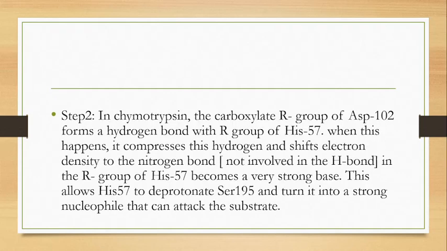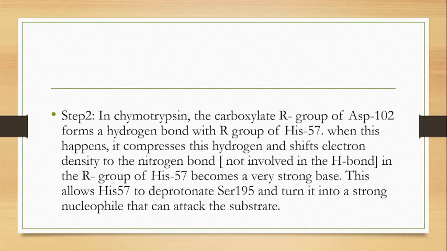In the second step, in chymotrypsin, the carboxylate R group of ASP 102 forms a hydrogen bond with the R group of histidine 57. When this happens, it compresses this hydrogen and shifts electron density to the nitrogen not involved in the H bond.